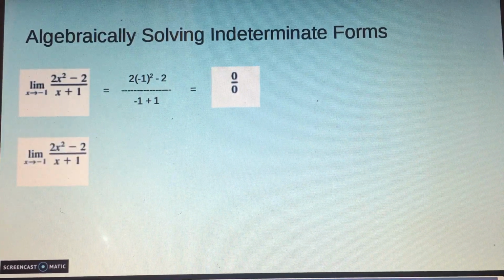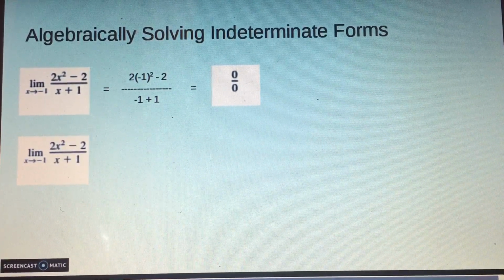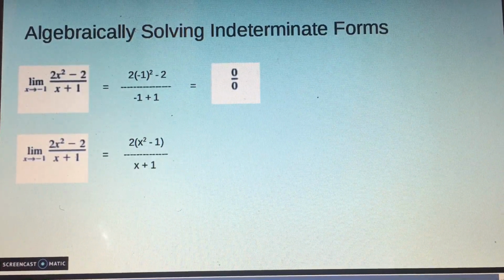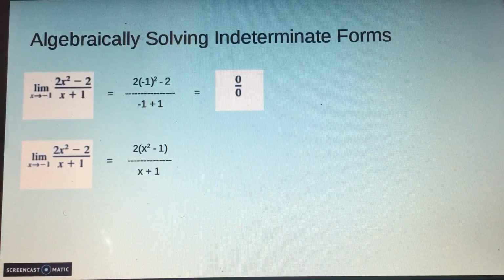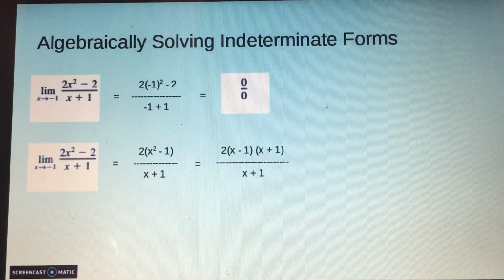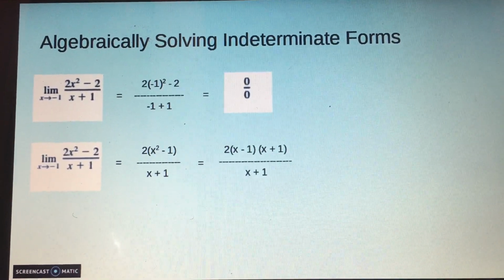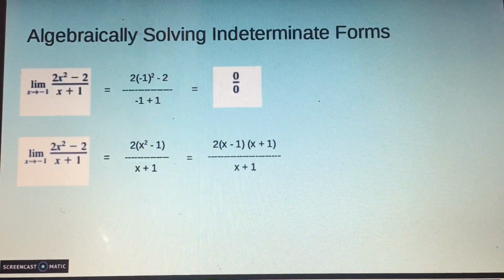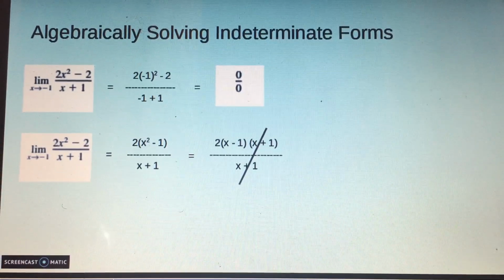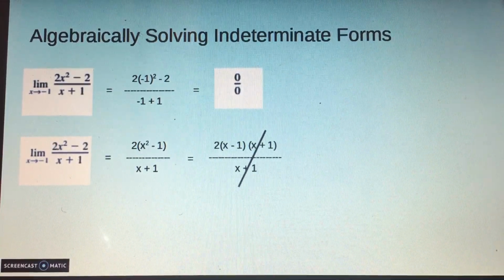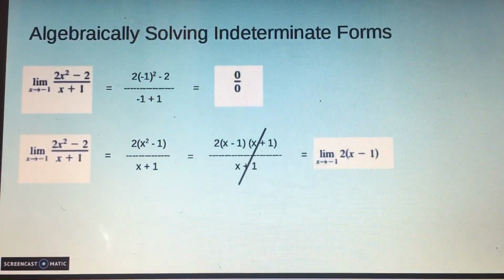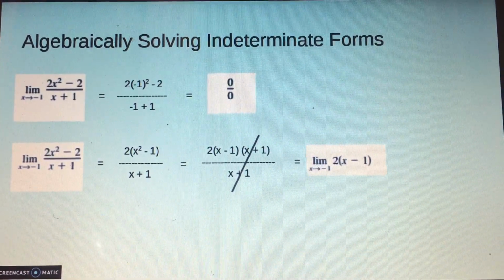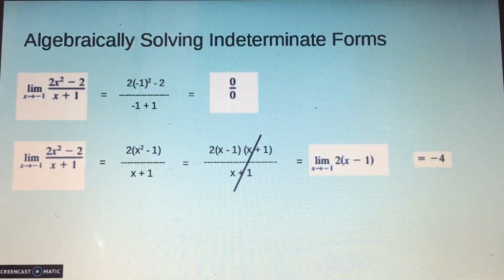We can deal with this algebraically by first factoring out a 2 out of the numerator, giving us 2 times the quantity of x squared minus 1 all over x plus 1. We can then factor the difference of squares, giving us 2 times x minus 1 times x plus 1 all over x plus 1. We can cancel out the x plus 1 in both the numerator and the denominator, since they're the same factor, leaving us with the limit as x approaches negative 1 of 2 times x minus 1. And when we evaluate this limit, we are given negative 4.